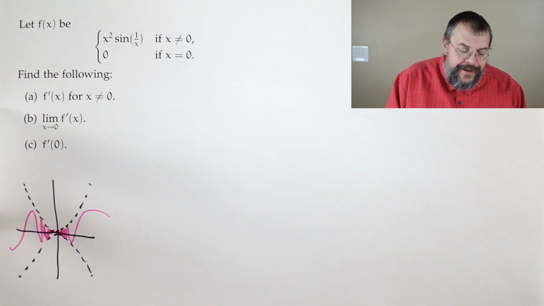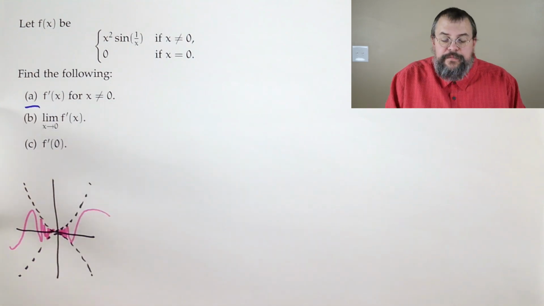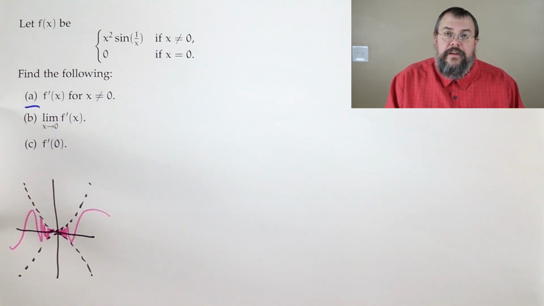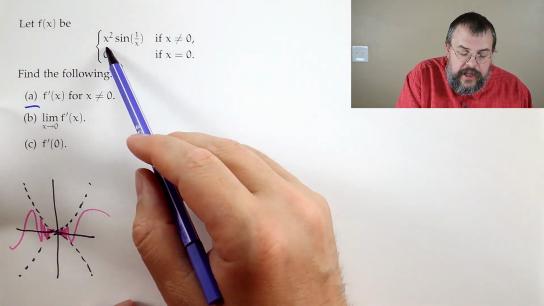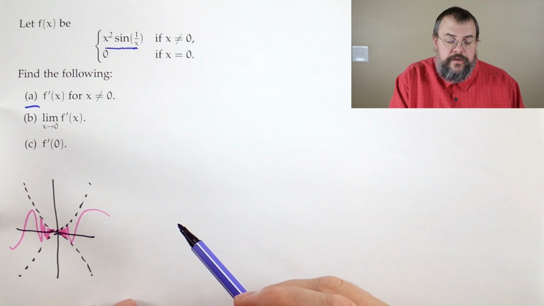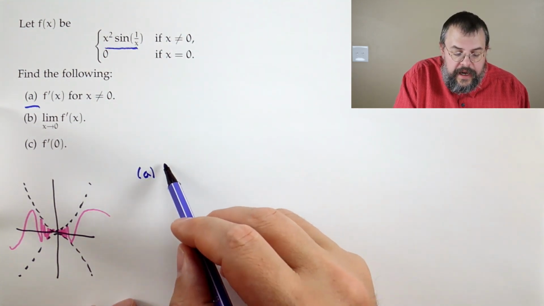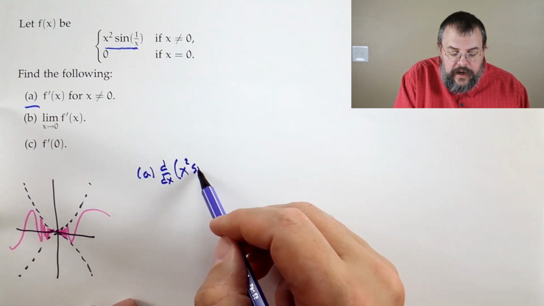Okay, so here we go. Part A. Well, it says find f prime of x for x not equal 0. Now, that's easy. If x is not 0, what it's really saying is take the derivative of x squared times sine 1 over x. So for part A, what we're really asked to find is the derivative of x squared sine 1 over x.